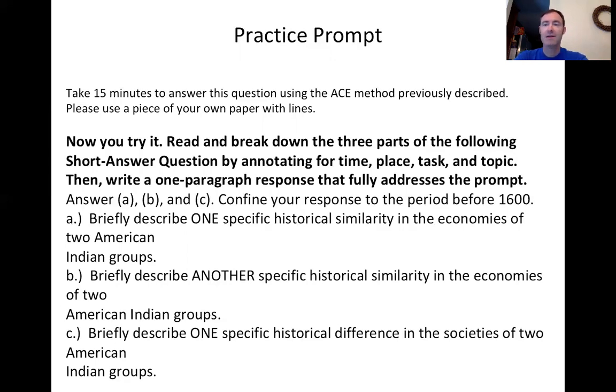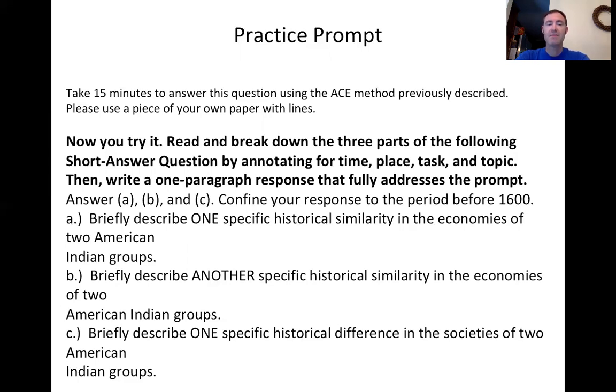So keep in mind, your grader or your scorer, or whatever you want to call it, the reader, is trained to look for certain things within those A's, B's, and C's. They are not looking for the A to always be first, okay? So A, briefly describe one specific historical similarity in the economies of 2 American Indian groups.